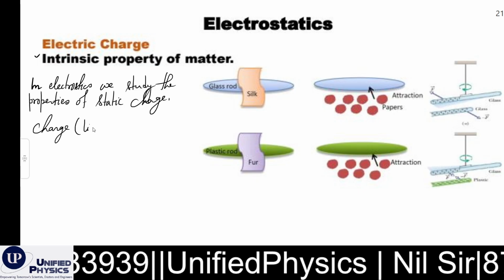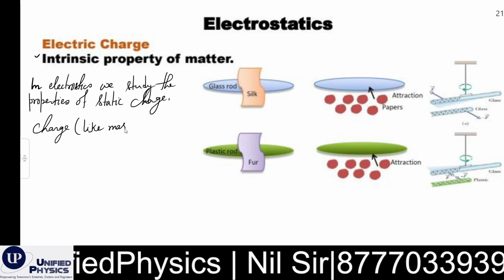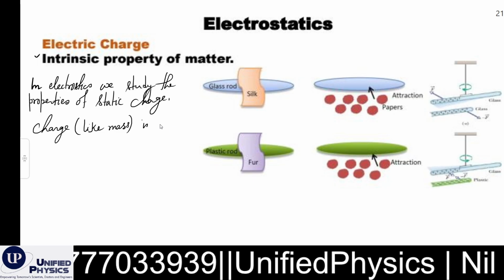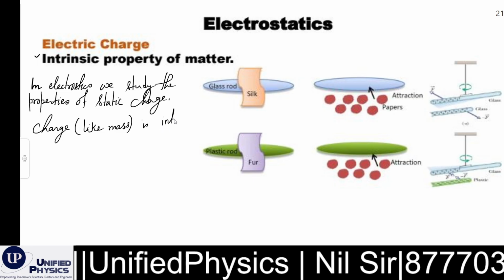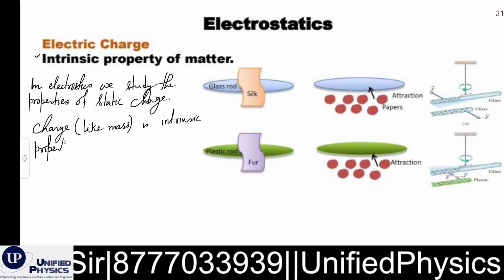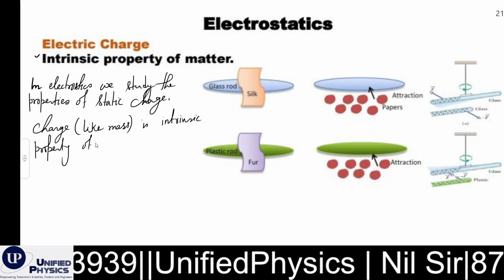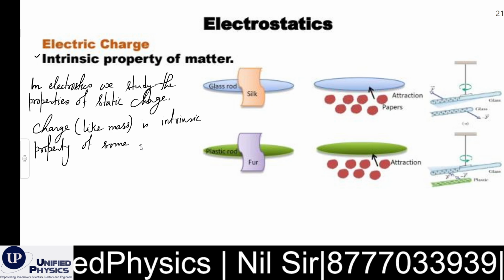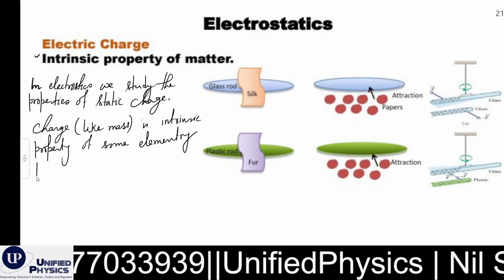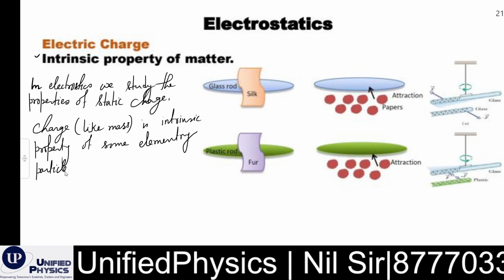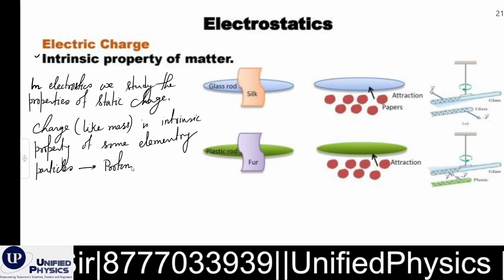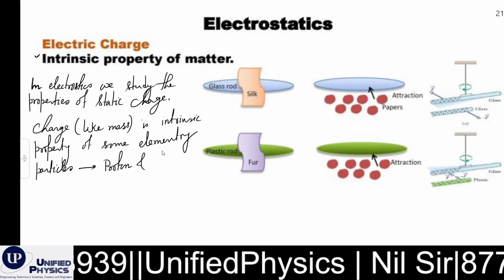Like mass, you can say, is the intrinsic property of some elementary particle. Proton and neutron.